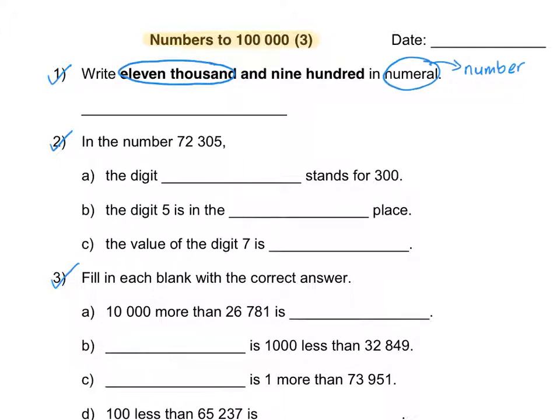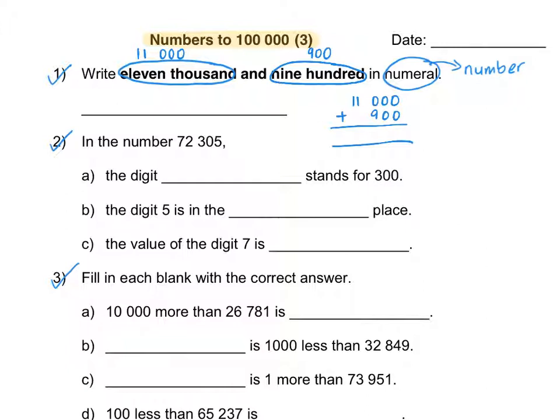So remember, we always label 11,000. Remember, 1,000 has 3 zeros. And for 900, we label it as 900. 100 has 2 zeros. So we work out the working 11,000 plus 900.